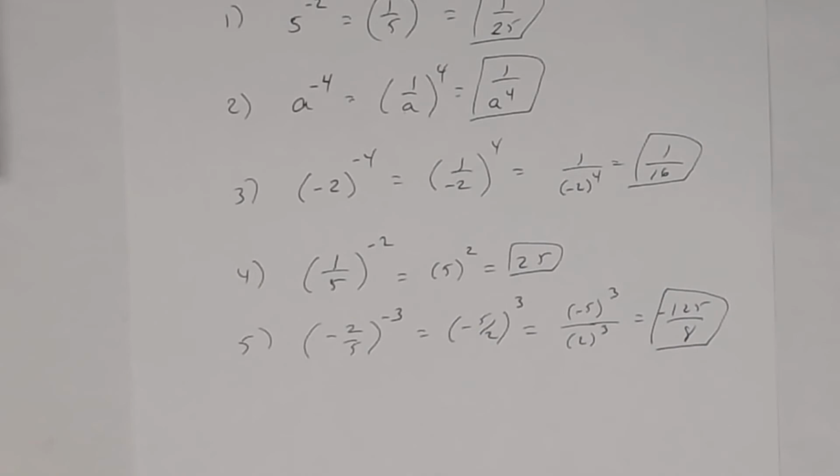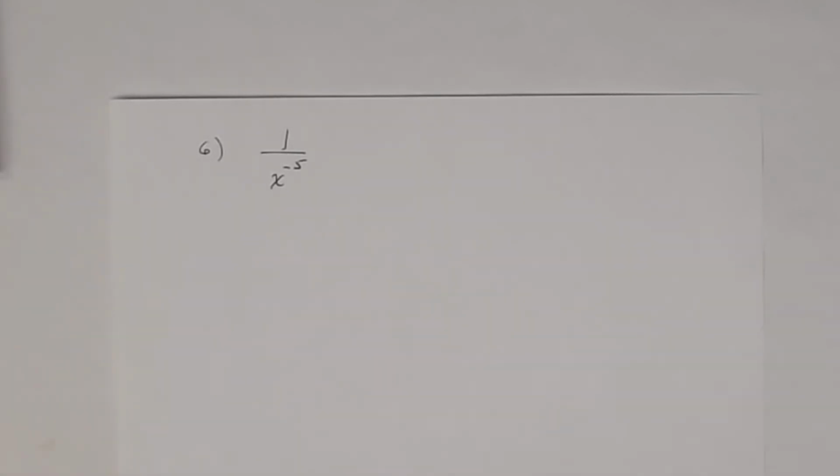Let's look at number 6. It's not difficult at all. Okay, some students have trouble with something like this, where the exponent is negative in the denominator, just like we see. What I would do is still use that same concept we've been talking about.